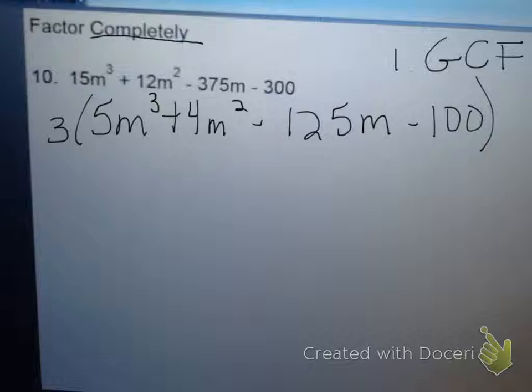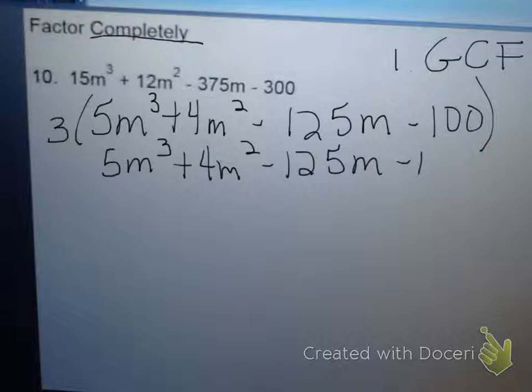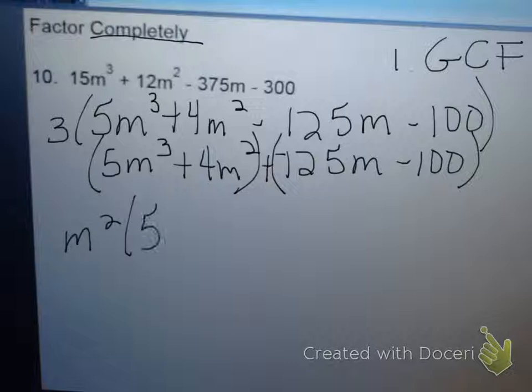Now I'm going to factor by grouping. It might be easier to just rewrite this without the 3 and without the parentheses. Then group the first two together, group the last two together. Now I'm going to factor out an m squared, and I get 5m plus 4.